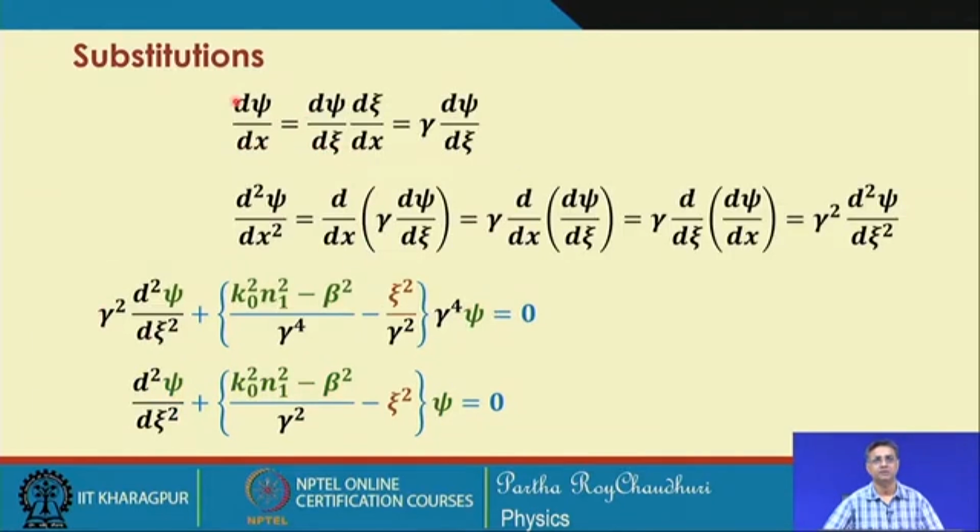To do that, we did this simple differential calculus: del psi del x equal to del psi del xi times d xi by dx, which will give you gamma times del psi del xi. If you differentiate twice, then this will give gamma twice. Therefore, del 2 psi del x square will be equal to gamma square del 2 psi del xi square.